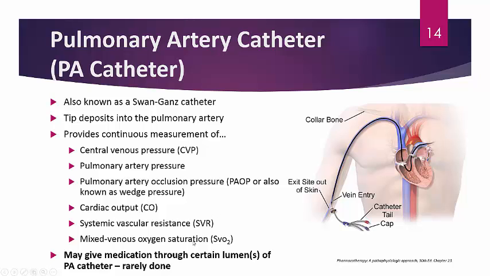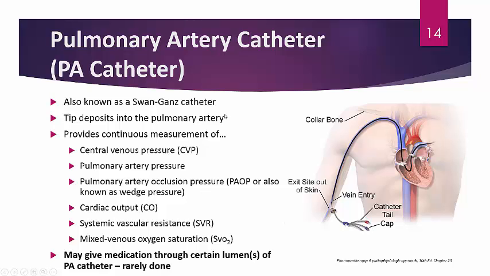And you can also measure a mixed venous oxygenation saturation. This oxygenation saturation is a little further down from the ScvO2, which we measured in the superior vena cava previously, that we talked about with the CVC catheter.